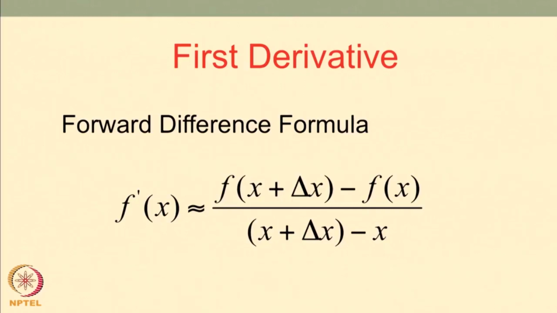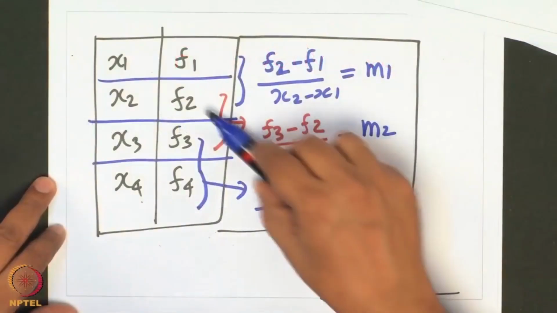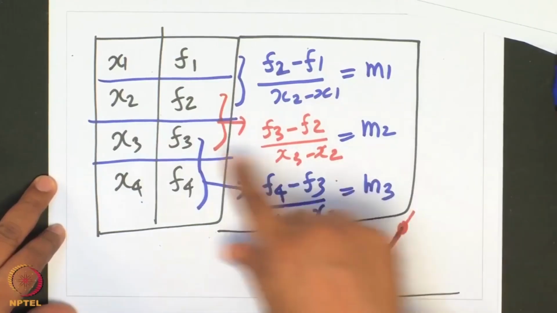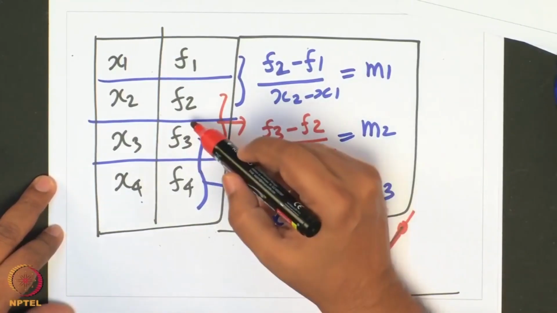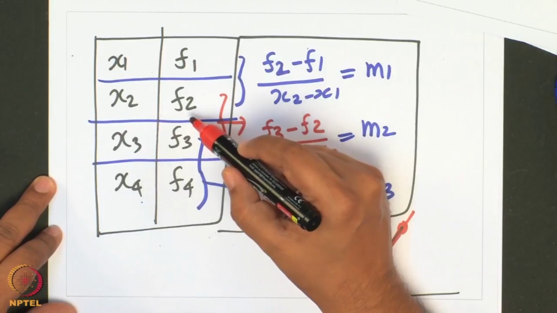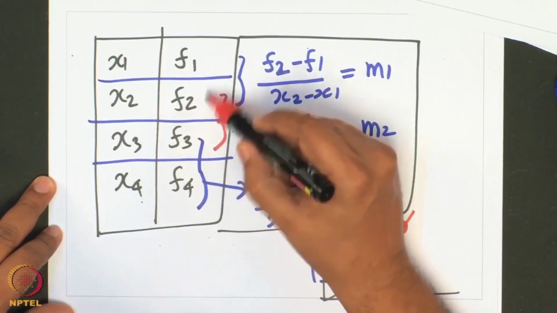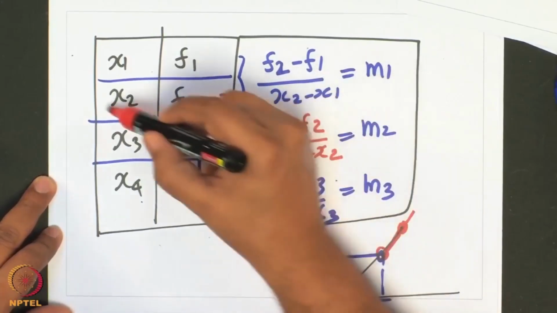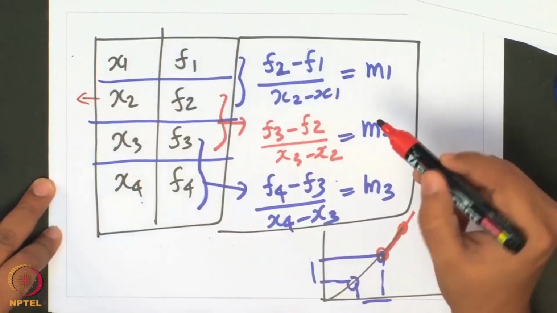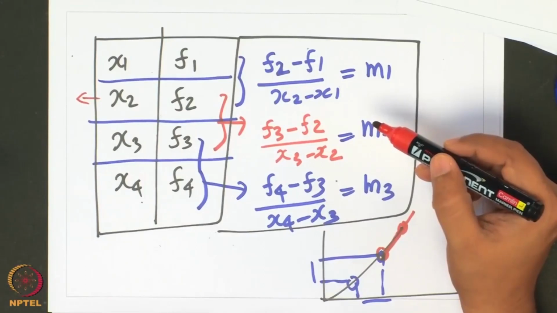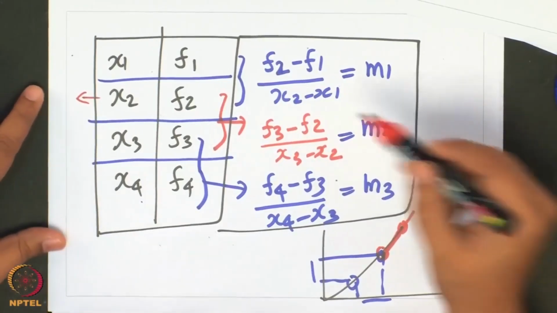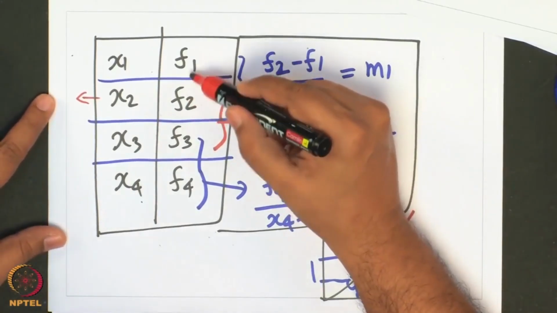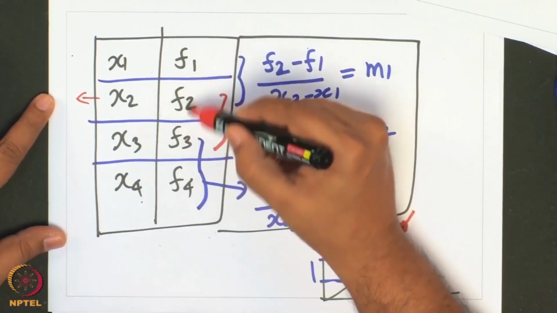But if you look at this, I could actually calculate the derivative taking these two or these two. As far as this point x2 is concerned, if you want to calculate the derivative near x2, I could either use f2 and f1 or f2 and f3.